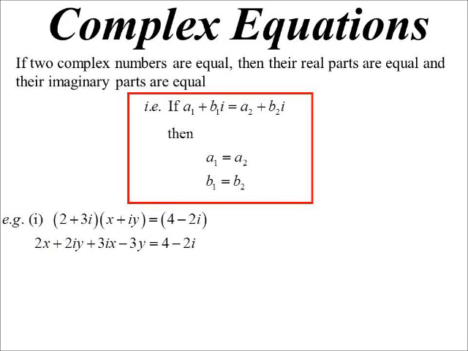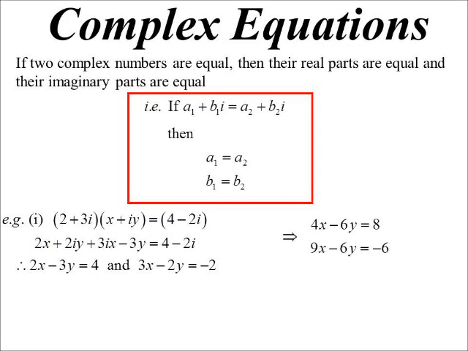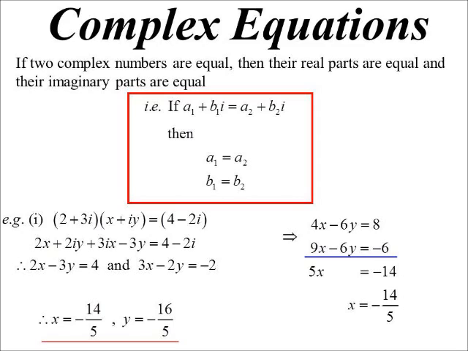So the real part is 2x minus 3y. That must equal 4. The imaginary part is 3x minus 2y. That must equal minus 2. So we now have two equations, two pronumerals, simultaneous equations. Solving that, we get x is minus 14 on 5. Subbing back in, y is minus 16 on 5.